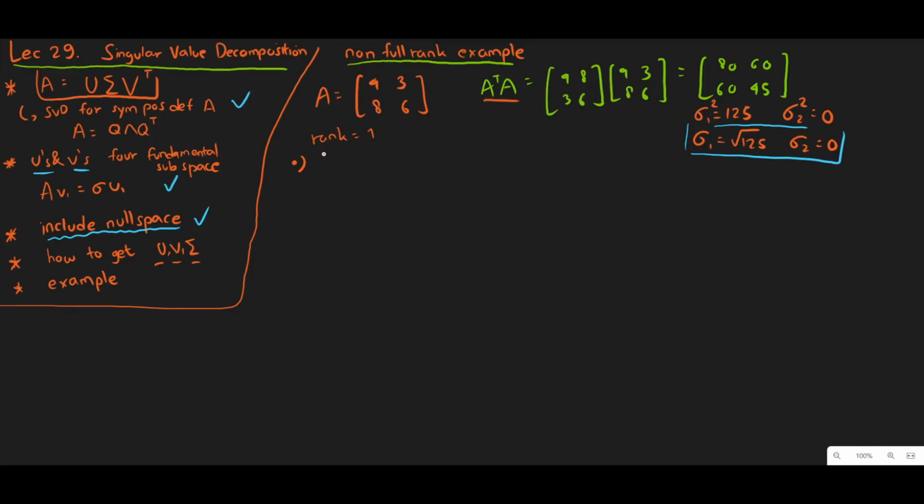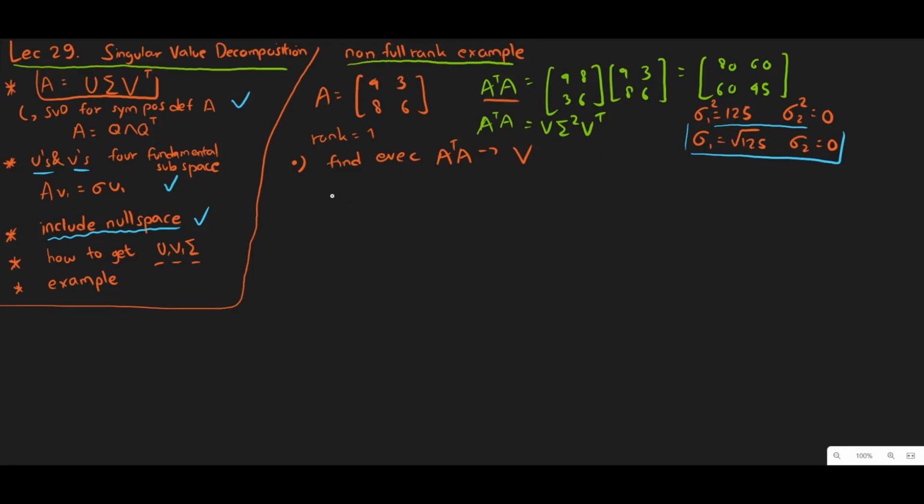Now we need to find the eigenvector of A transpose A, which will be our V. Remember, because A transpose A is V sigma squared V transpose. Okay, let's keep that in mind too.